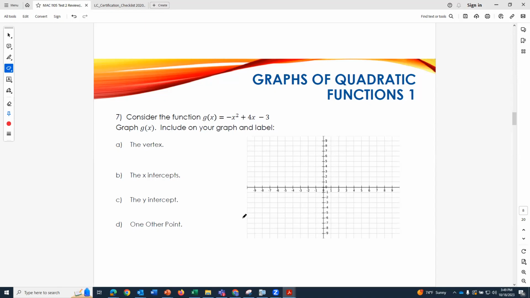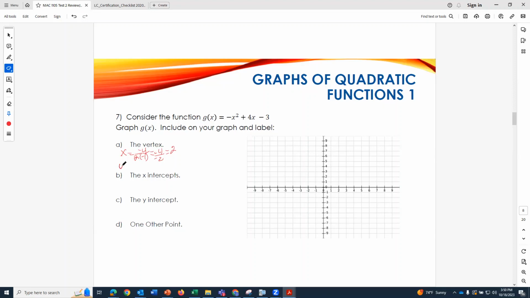And what will be the vertex for this one? Negative b over 2a, that means the x vertex will be negative 4 over negative 2 times negative 1. That will be negative 4 over negative 2, that will be 2.